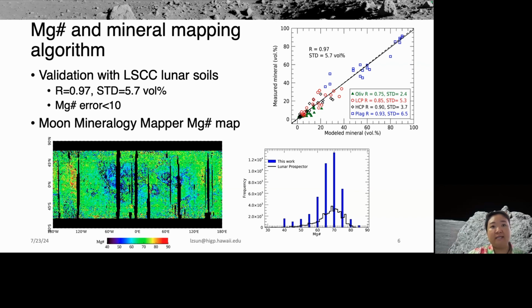We applied our algorithm to the Moon Mineralogy Mapper data, and on a global scale, we resampled the map to the 2 degree per pixel Lunar Prospector resolution.